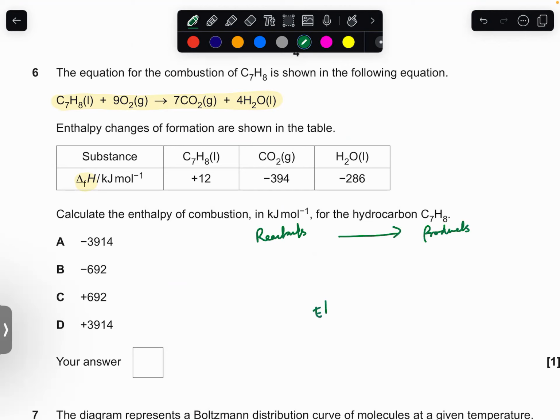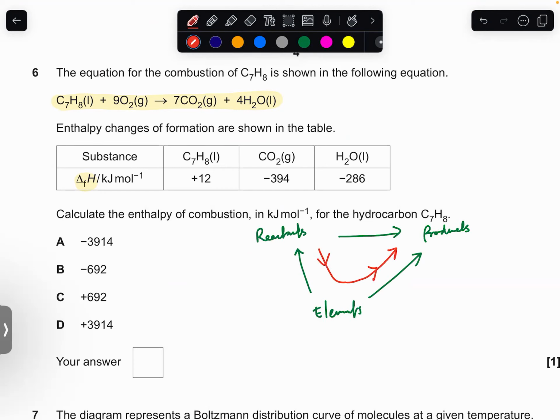Enthalpy change of formation is where one mole of a substance is formed from its elements. So what we're going to do, we're going against this arrow, as you can see, and with the second one, with.